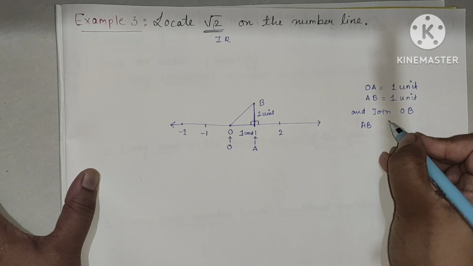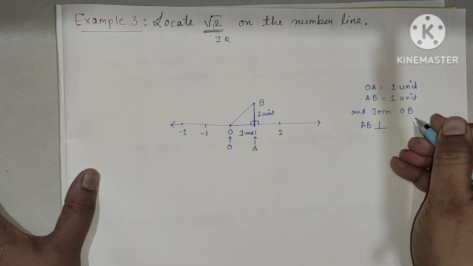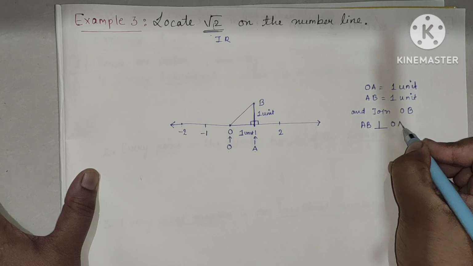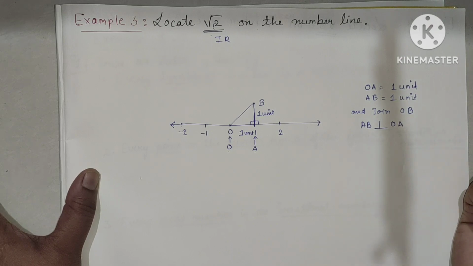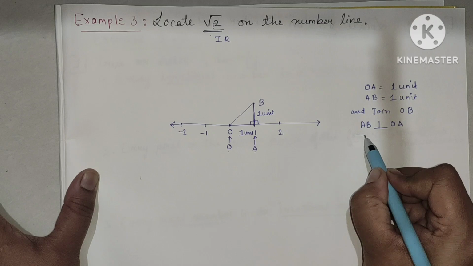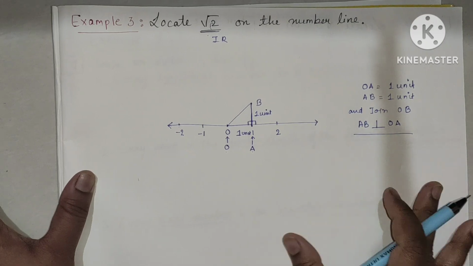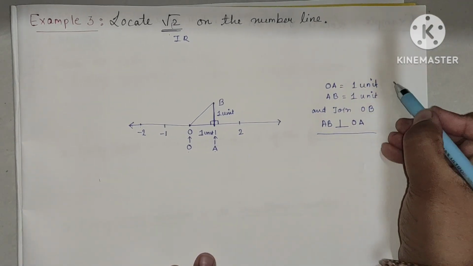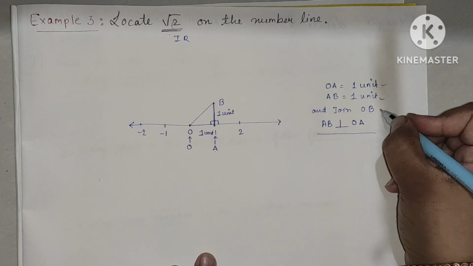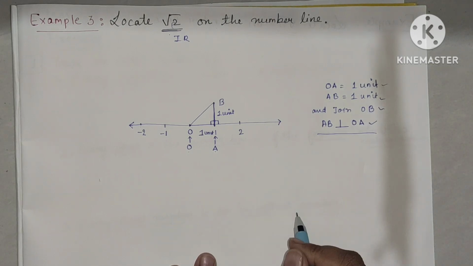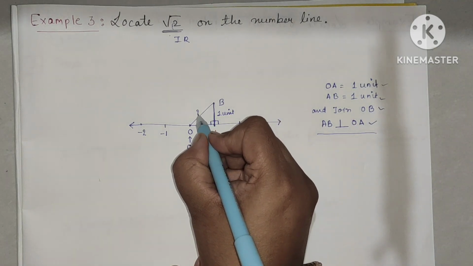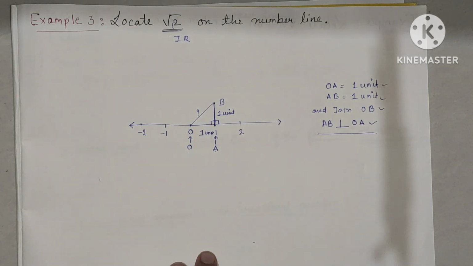AB is perpendicular to OA. Now, can you see all these characteristics are here, and we have to find out this particular length.